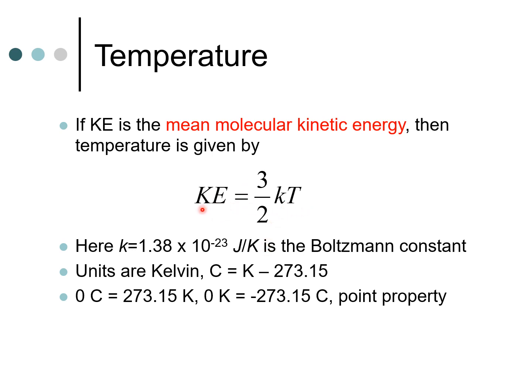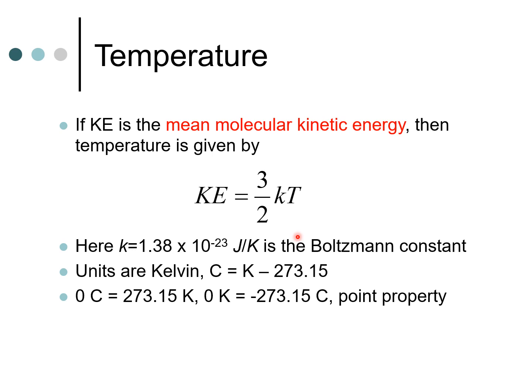You can see clearly that KE here is directly proportional to temperature, and there is this constant here which essentially defines this relationship, and this constant is known as the Boltzmann constant. It's given by 1.38 times 10 to the power of minus 23 joule per Kelvin, a very small number. Now, whenever we are dealing with equations in this subject, we are always going to use Kelvin.